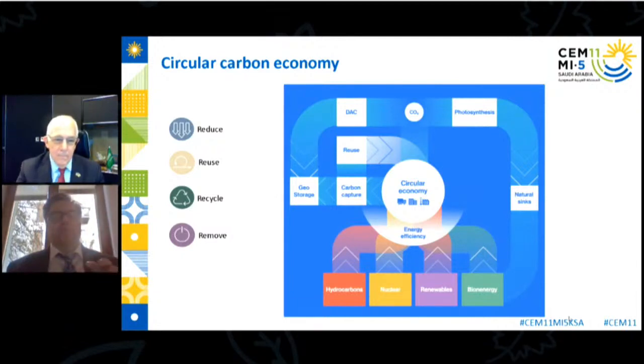And low carbon supply reduces the amount of CO2 that has to be managed, and then that CO2 can be captured and reused or removed to storage, and any remaining CO2 that goes to the atmosphere can be captured through direct air capture and stored, or recycled through the natural carbon cycle into sinks, and then ultimately bioenergy to close that loop.